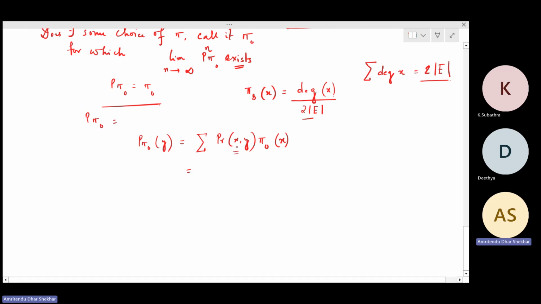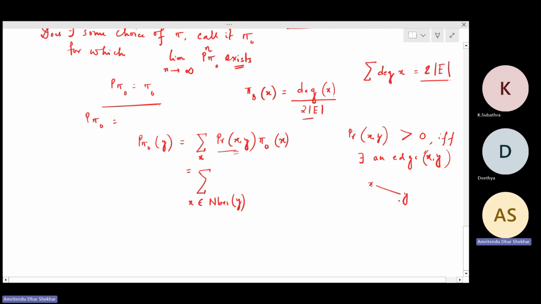Now, when is this term non-zero? The summation is over x. So probability of x comma y is non-zero if and only if there exists an edge x comma y. Correct. So if there is an edge from x to y, then you can move from x to y. So this summation is over x belonging to the neighbors of y.